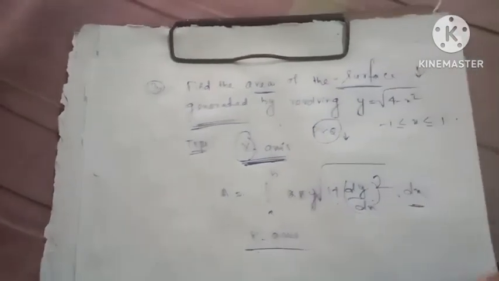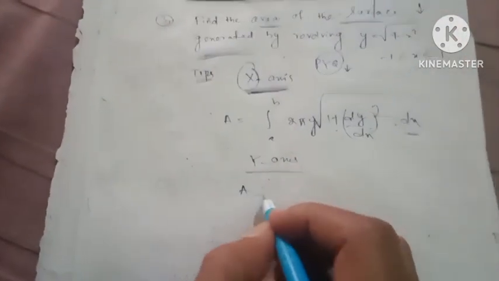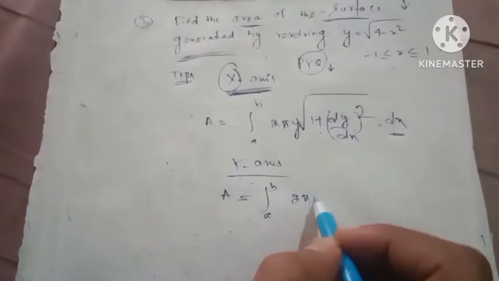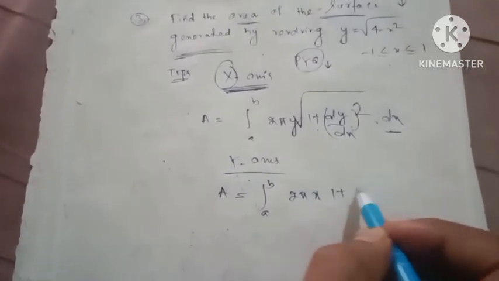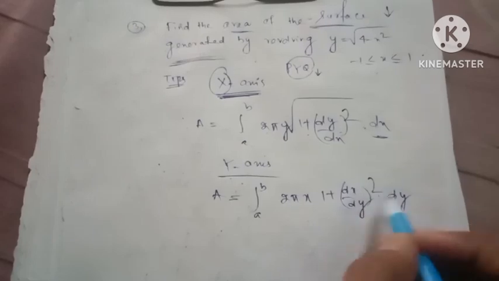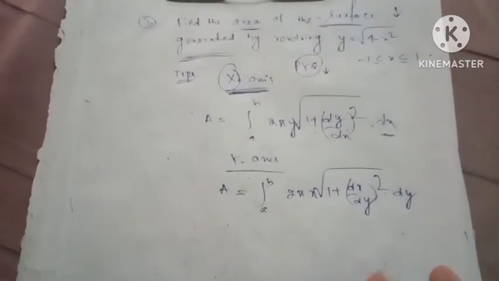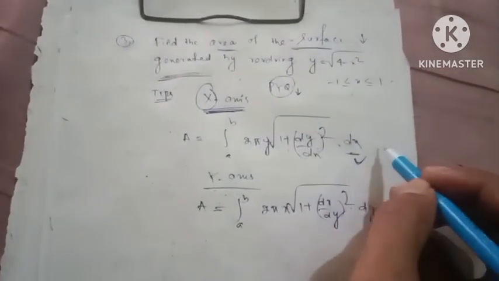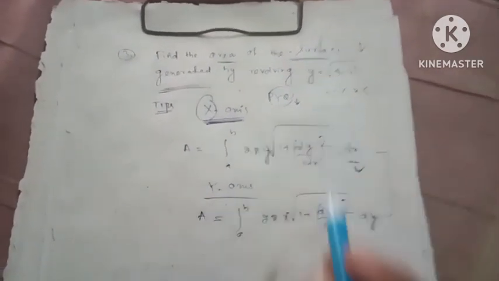If it becomes the y-axis, then area becomes integration a to b, 2 pi x into square root of 1 plus (dx over dy) whole square, into dy. This is the concept. Clear? So using these two methods, I will solve these questions.